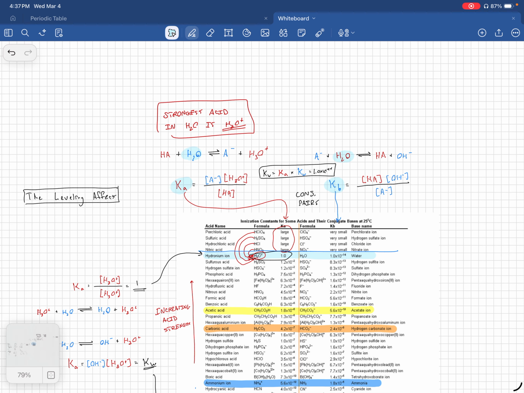And the strongest base in H2O is OH minus.